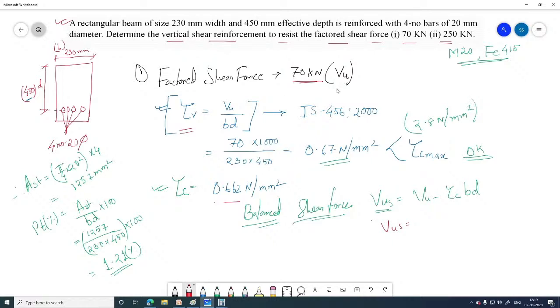What is the value of VU? That is given, 70 kilonewton. So 70, we should multiply it with 1000 to get the value in Newton. Tau c value that we have just determined from table 19, that is 0.662, and B into D. What is the value of B? B is 230 and D is 450. So 230 into 450, the ultimate value that we get in Newton, right? So what will be the value?